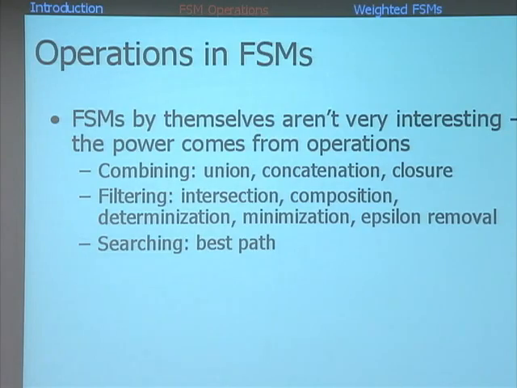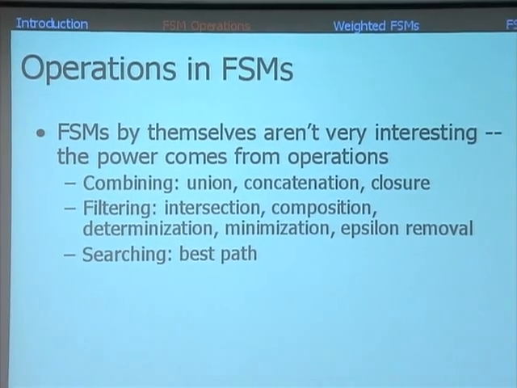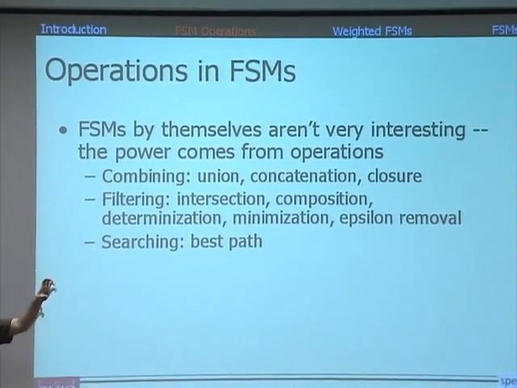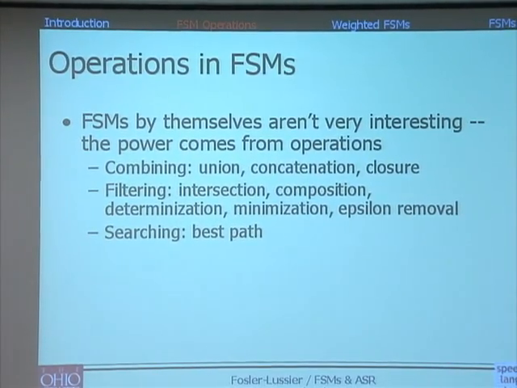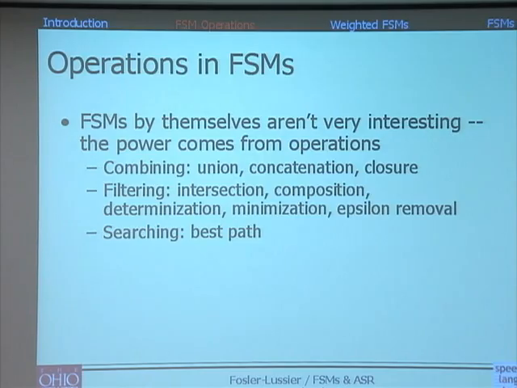Okay, so let's talk about what you do with an FSM, because putting the language out is in itself interesting, but it's what you can do with them that really gives you the power. So the first couple things we'll talk about is how do you combine them? The main things I'll talk about are union, concatenation, and closure.